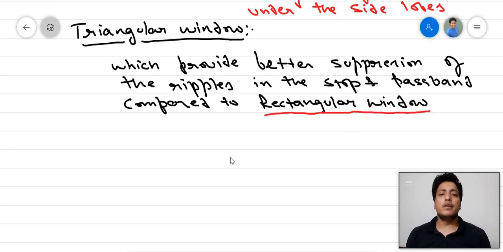This improvement with the triangular window is not up to the mark, so we want to look for other windows which can provide much better results.